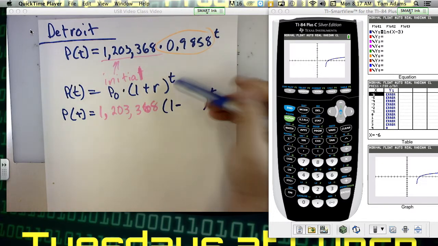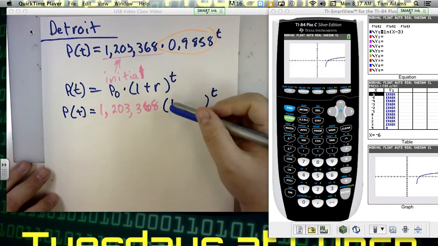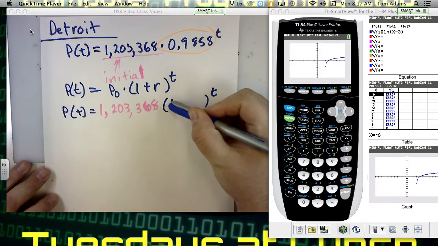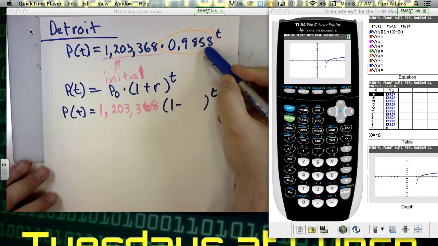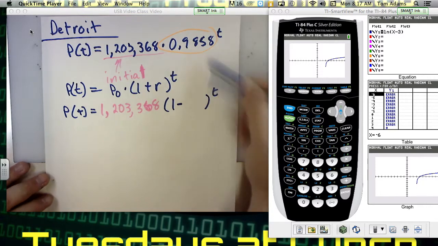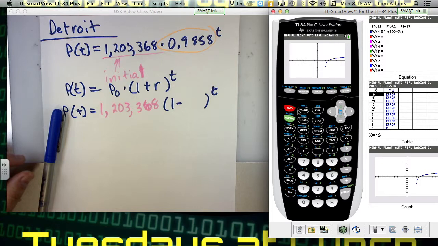Well, the only way I could get 0.9858 from 1 is I have to subtract something from 1, right? If I add a number, it'll be greater than 1, and this number is clearly less than 1. So how do I find the difference? Well, what I'm going to do is say 1 minus 0.9858.